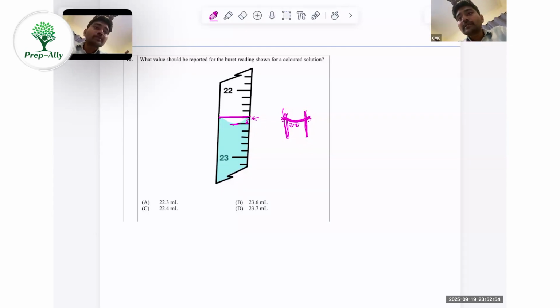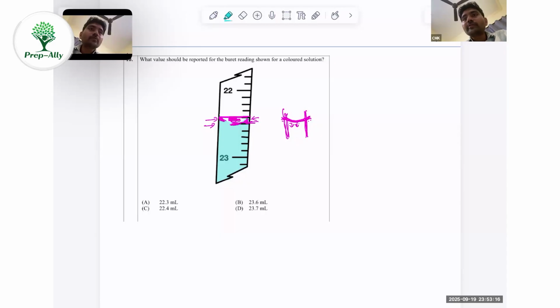Why? Because here it is opaque, you can't see through this to find exactly what is inside. If you are looking here and here, no difference. Why? Because since this is a colored solution, you can't see beyond. This inside portion we can't see.